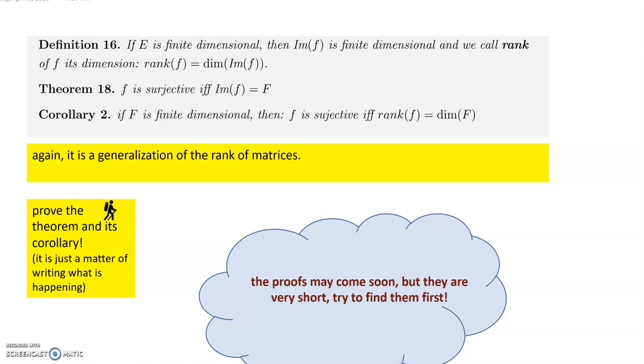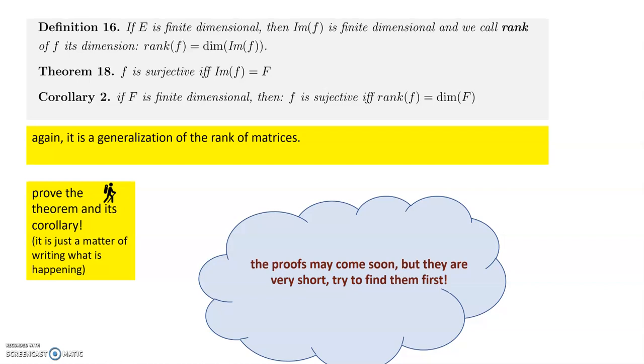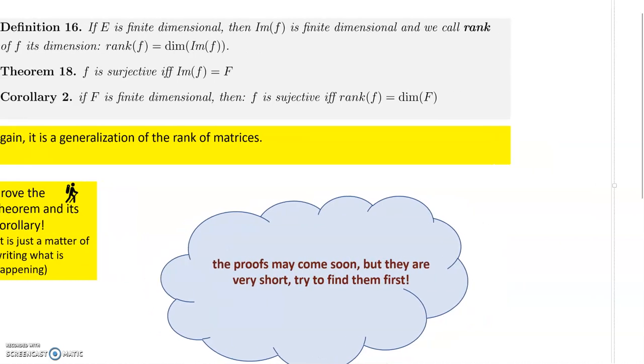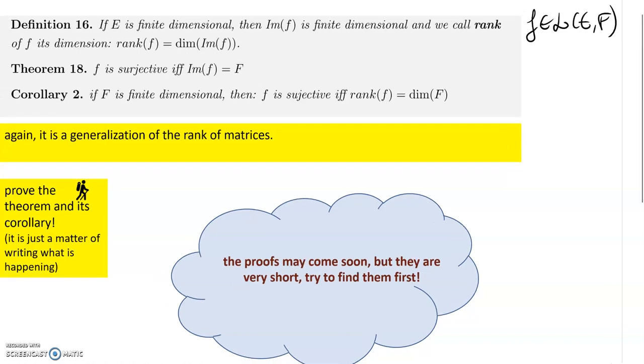Okay, so let's go back to this idea of basis of image and rank of a linear map. First a definition, but it's really nothing new. You already know these kind of things. We've got a linear map F that goes from space E to a space F, and we assume both of them are finite dimensional.